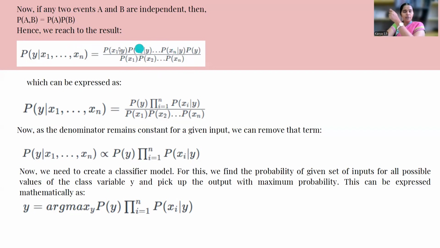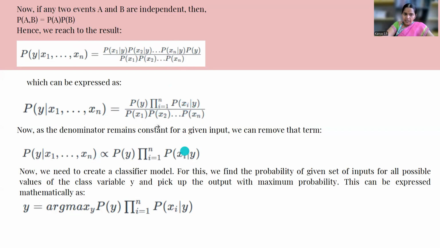Similarly, for all the attribute values you have to identify, and that has to be in turn multiplied by the overall probability of y. I can rewrite this formula in such a format, that is the probability of y multiplied by the product of i to n with respect to x of i, right?